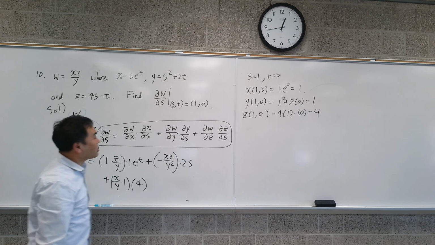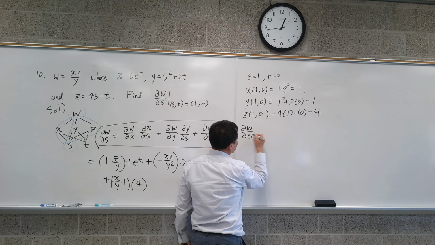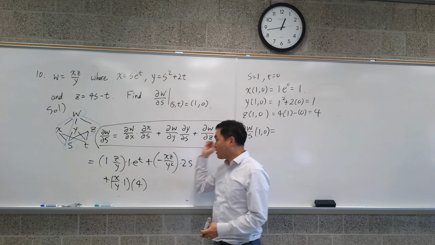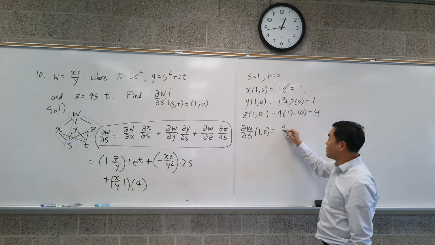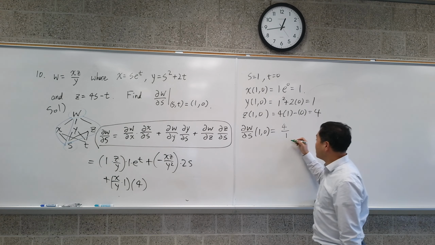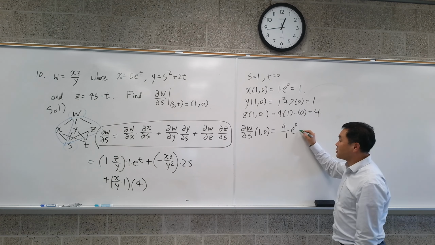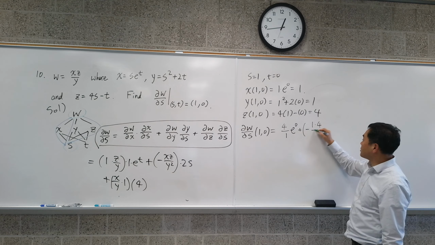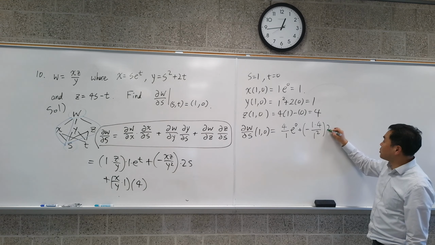Okay. So those are the values, and therefore, if you evaluate this at (1, 0), now you just have to plug in those values into each one of these. So z would be 4, right? I don't have to write 1, so 4 over 1, times e to the 0th power, because t is 0, plus negative x is 1, z is 4, y is 1, times 2s, but s is 1, right?